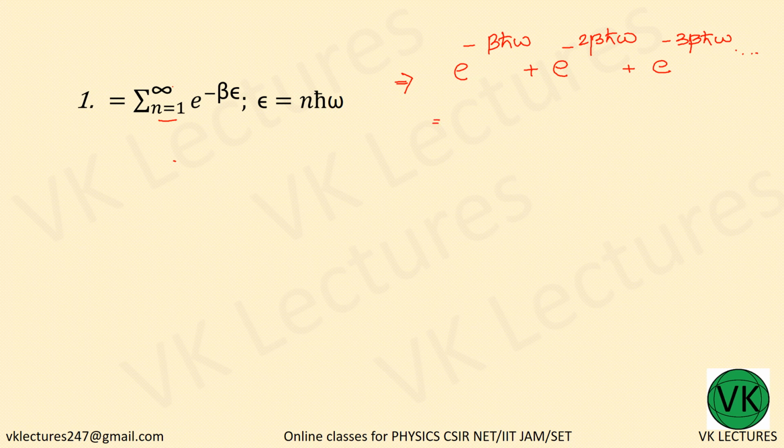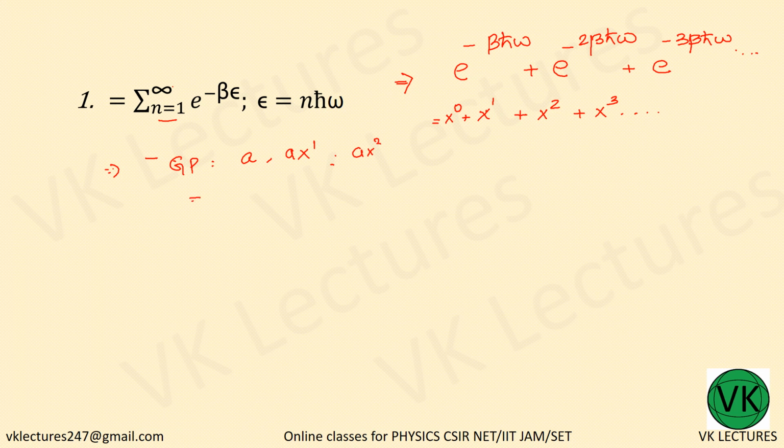Now this is of the form x to the power 1 plus x to the power 2 plus x to the power 3, etc. So here x to the power 0 is missing, there is no 0 but all others are there. So this is a geometric progression with x to the power 1, and it goes on like that, right?